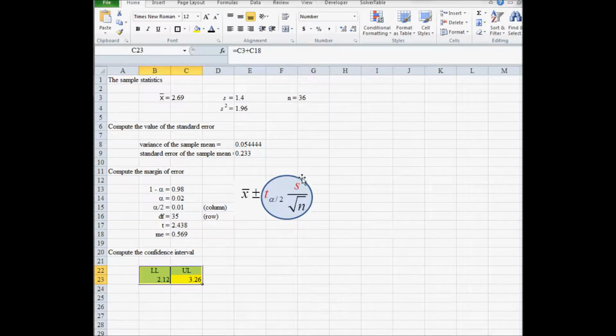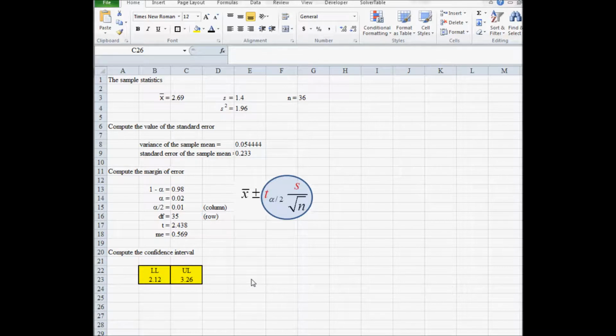So the 98% confidence interval is 2.12 hours to 3.26 hours. And notice that 2.5 hours, the advertised value, is inside the 98% confidence interval.